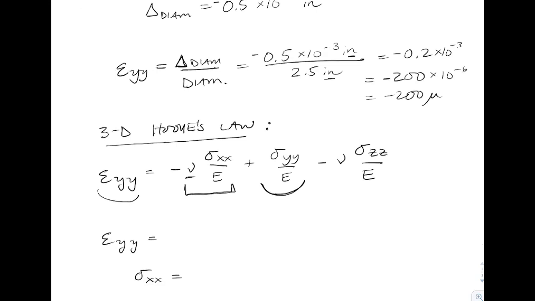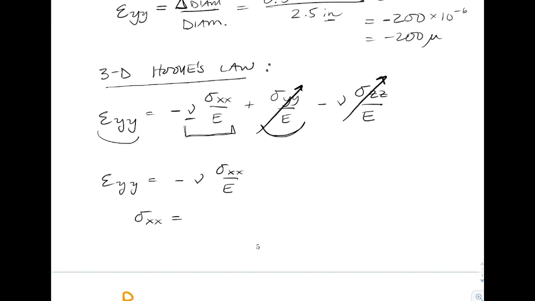We just found out that sigma YY was 0. Sigma ZZ is 0. So let's just work through the math here. Those are gone. I'm going to now switch it around and solve for sigma XX, which is going to be the negative. Make sure you keep your negative sign with you.